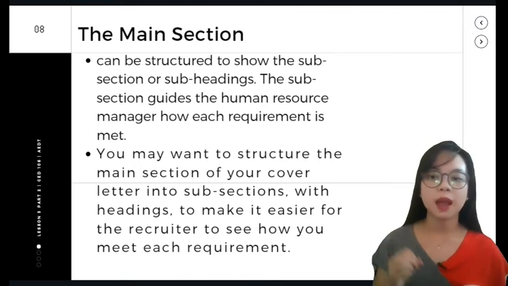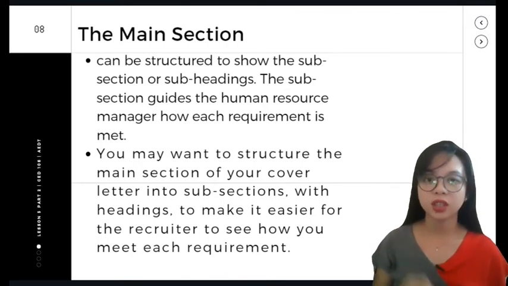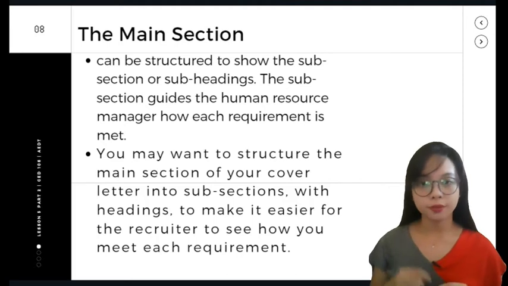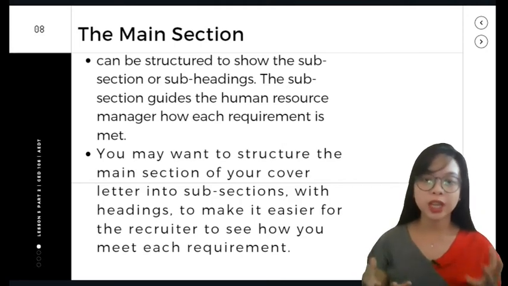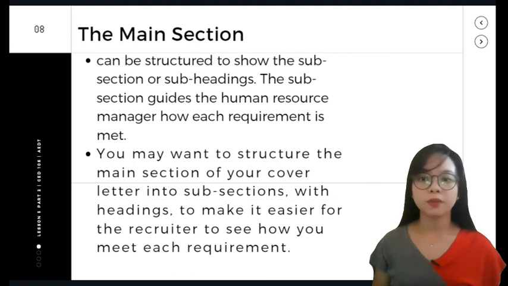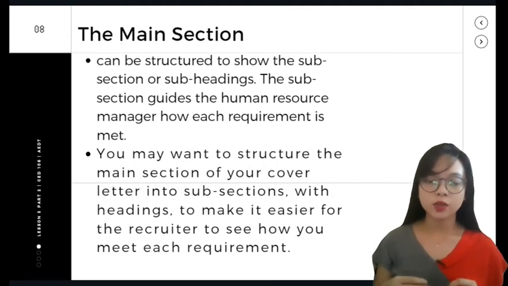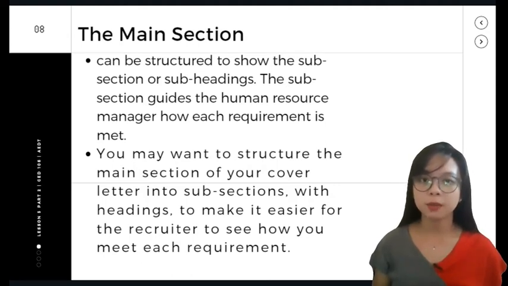And the third paragraph or the third section can be composed of a particular activity or event which you facilitated and became successful. This is for your recruiter to read all the parts of your main section carefully and to see how you meet each requirement that they need.